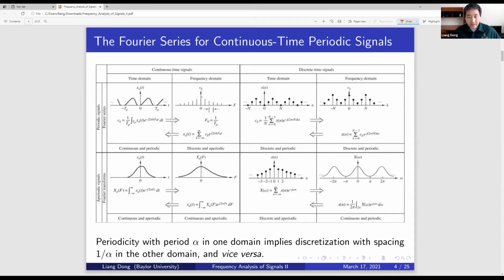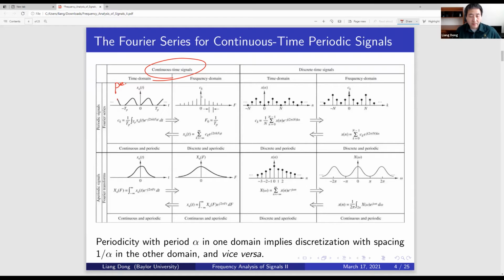To see that in pictures, we can put it into 4 different groups. Here, the top left is continuous time signals, and the top left picture is in the time domain. It is continuous but periodic.